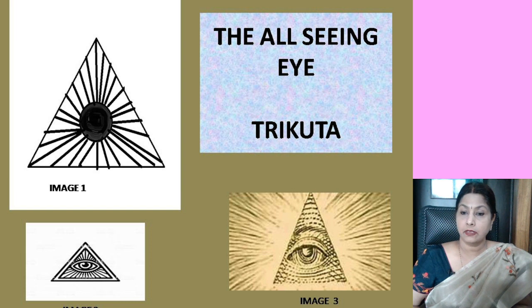But after this symbol became a Masonic or Illuminati symbol, a lot of negativity has surrounded it in Western society. But the original idea of this being the eye of a god watching over humanity has somehow got sidelined.